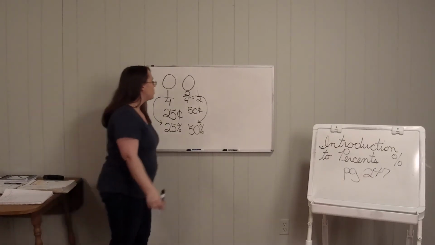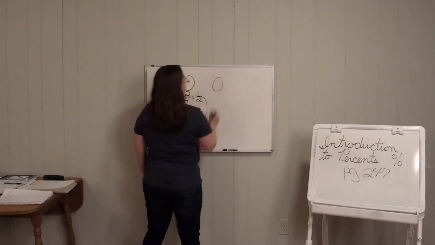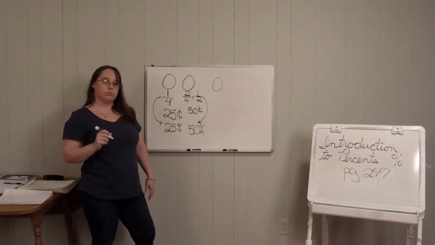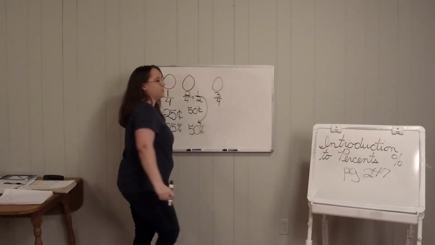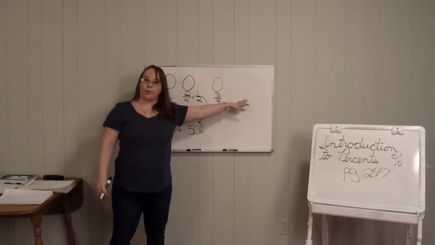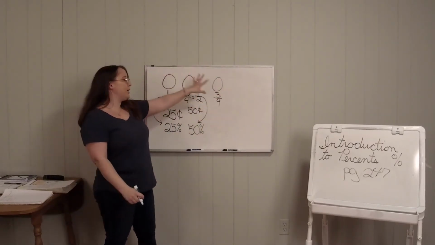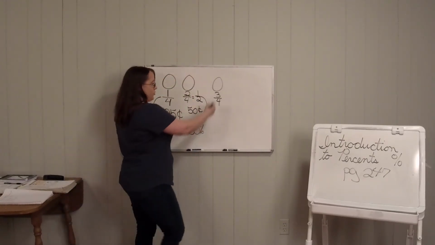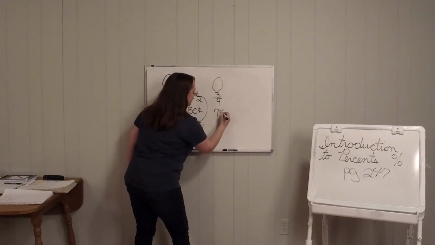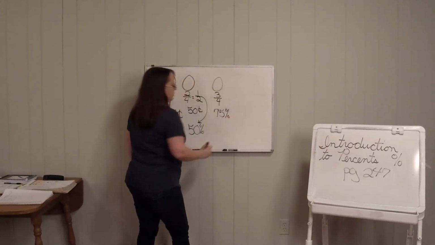Then, let's say you have 3 quarters. That's 3/4, because you have 3 of 4. If you have 3 quarters, that's 75 cents. 3/4 equals 75%.